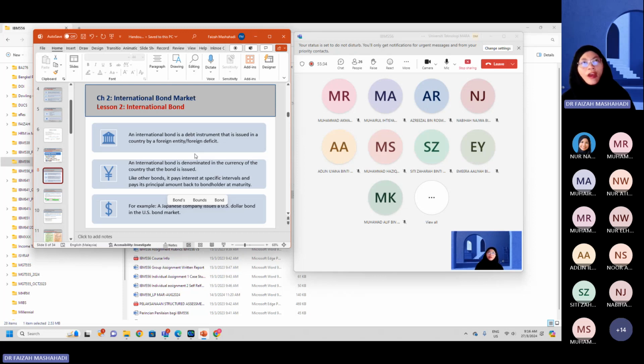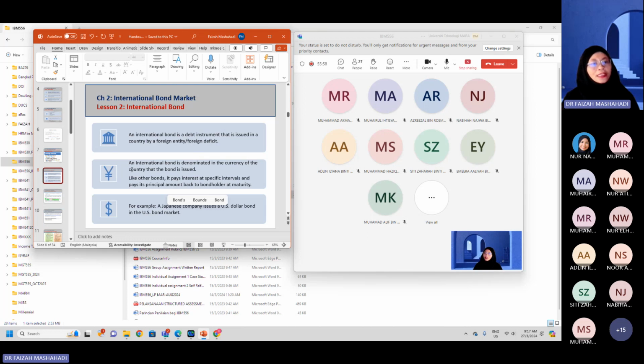But if Proton issues 1 million ringgit Malaysia in the Malaysian bond market, that is a domestic bond because it doesn't involve any foreign entity. Once the issuer is a foreign entity, that is an international bond.